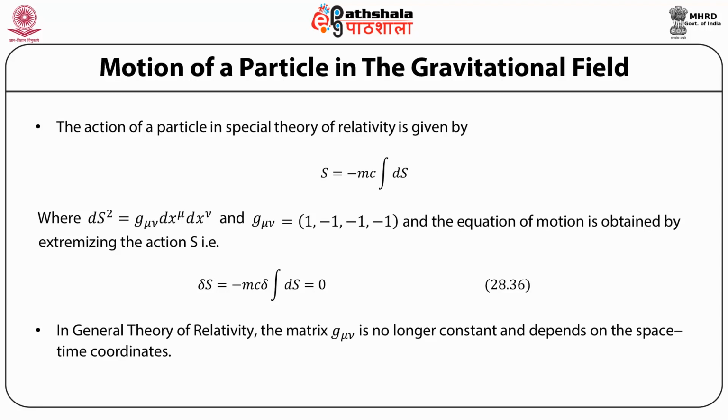In general theory of relativity, the matrix g mu nu is no longer constant and depends on the space-time coordinates.